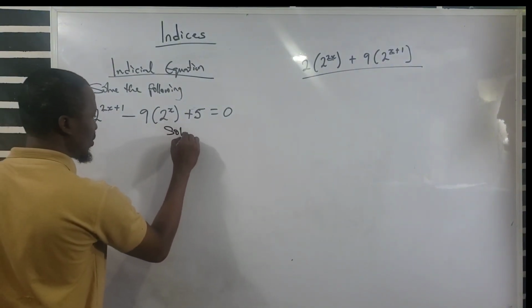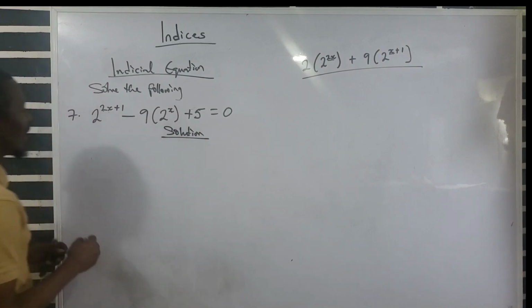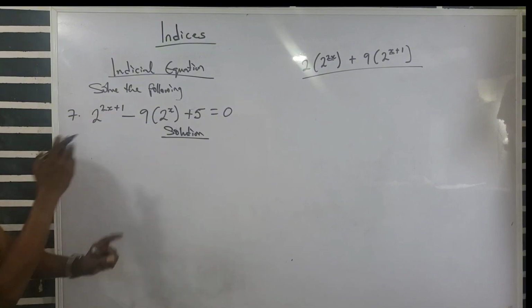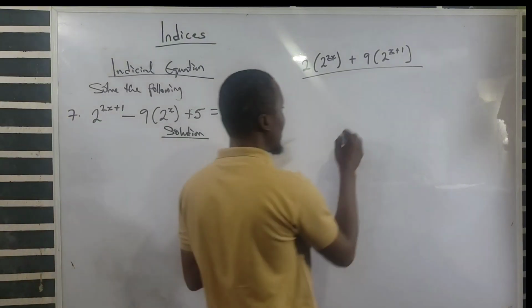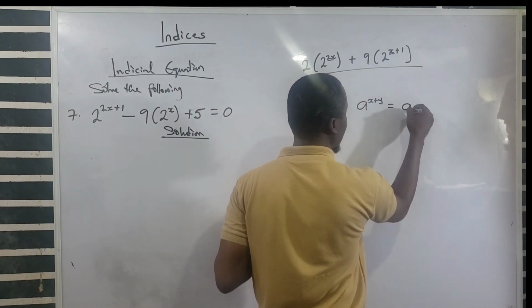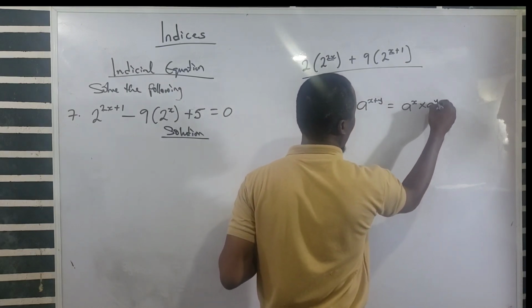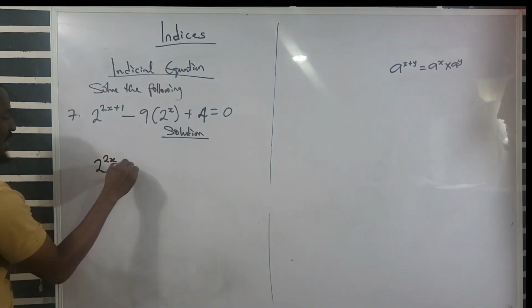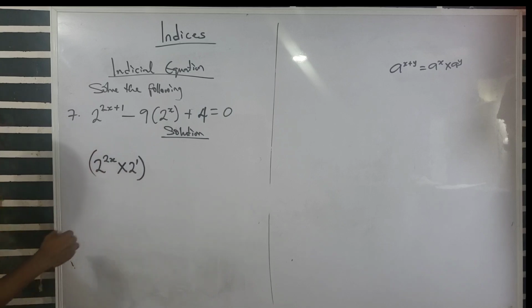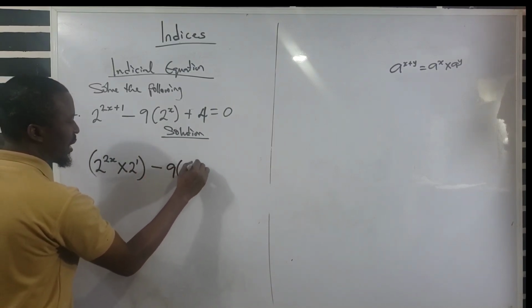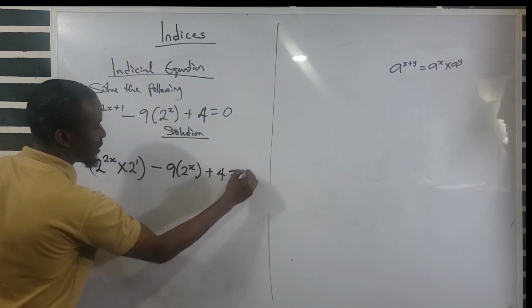So I have my solution. Now I'm going to apply the laws of indices here, this time around in reverse order. What do I mean in reverse order? If I have a^(x+y), it simply means that I have a^x times a^y. So I'm going to have 2 raised to power 2x times 2 raised to power 1, minus 9 into 2^x plus 4 equal to 0.